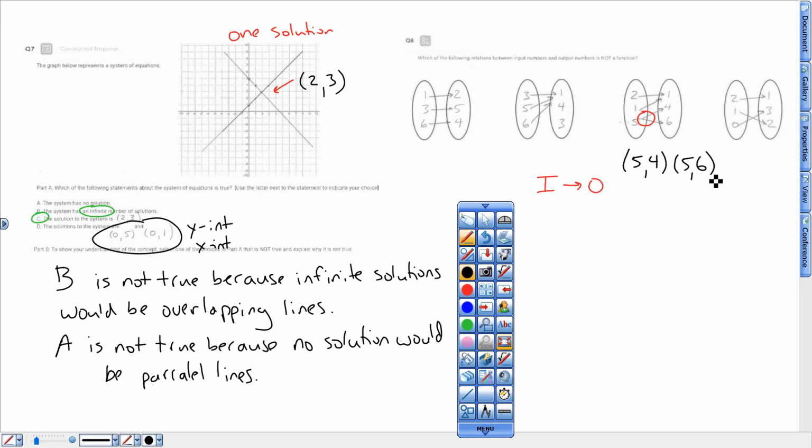You can't have the same x coordinate spit out 2 different y coordinates. Can't have that. That's an input spitting out 2 different outputs. That would be like me taking an equation like this and one day plugging in 3 for x and doing the math.